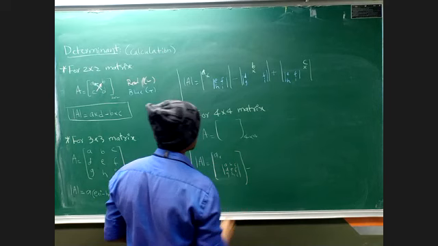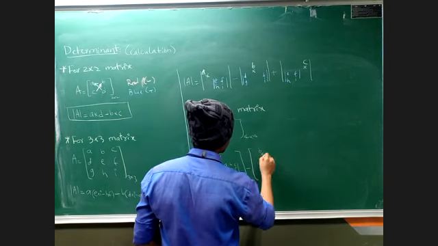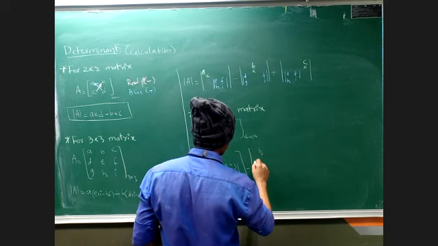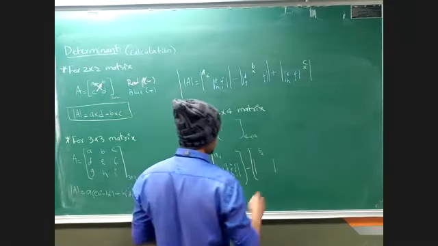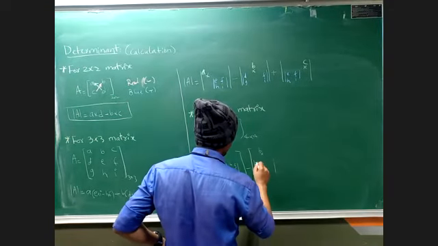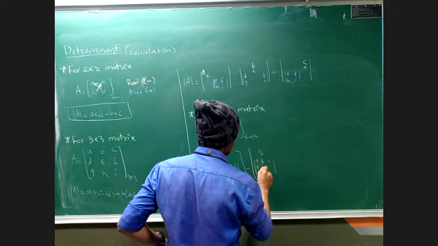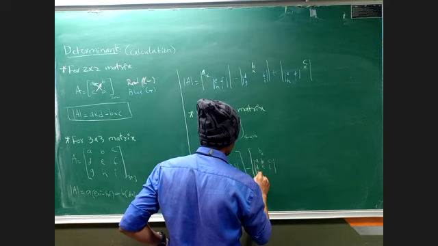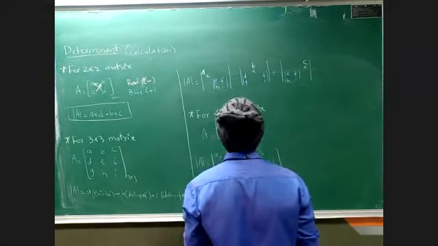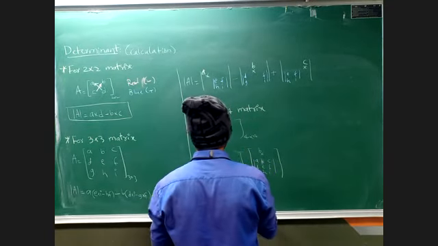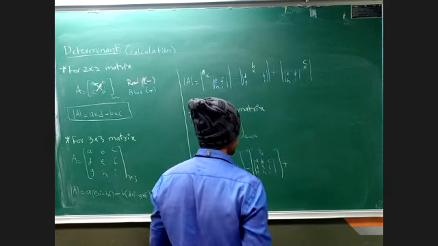Okay. Now minus we will multiply B with the 3 by 3 determinant. So this will also be a 3 by 3 matrix, A, B, C, D, E, F, G, H, I. Okay, it can be determinant, not matrix. Then we will take plus.